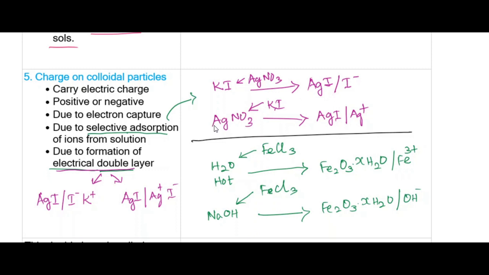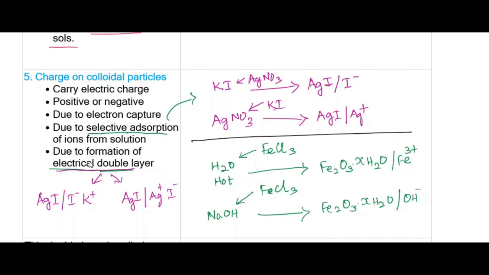Next, let us take the reverse of this process. Silver nitrate in excess, and then we add potassium iodide. What happens? Silver iodide once again forms. Now in this case, Ag+ ions are adsorbed all over the silver iodide, and thereby they result in positively charged colloidal particles. Do you understand this?